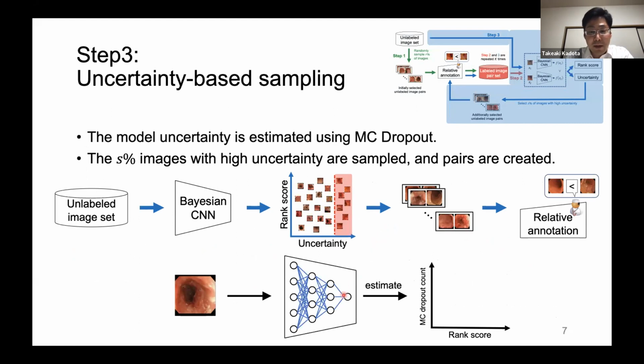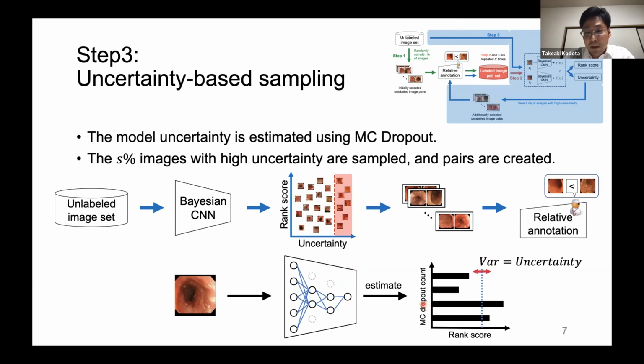When estimating rank score, we use dropout for the Bayesian CNN. Dropout causes the rank score to change with each iteration. The uncertainty is defined as the rank score estimated multiple times.